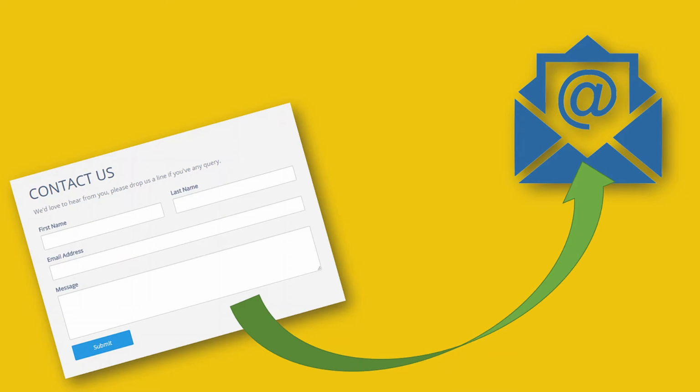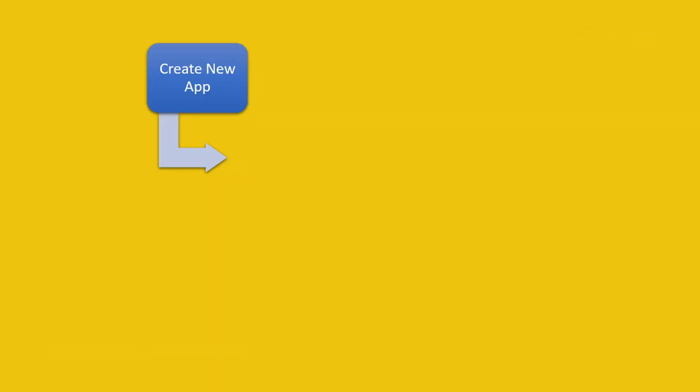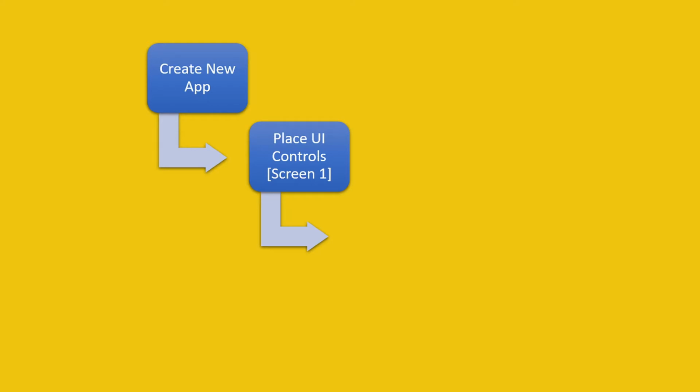The theme I chose for this video is about creating an input form, and upon clicking the submit button, the captured data will be sent to an email ID. So I will be showing you how we can create a simple canvas UI targeting a phone or a tablet screen, and then we will be placing some UI controls, basically a text box and a submit button.